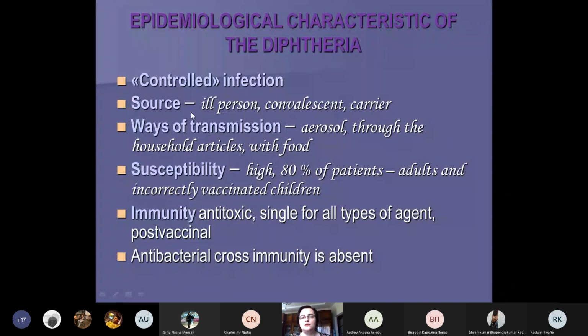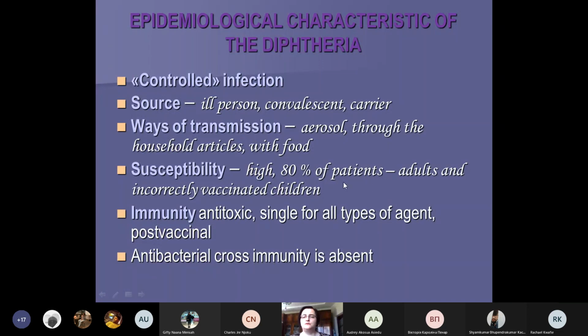It's a controlled infection, yes, because all over the world vaccination against diphtheria is included in the immunization schedule. Source: ill person, convalescent or carrier. There can be many ways of transmission, but the main mechanism is airborne droplet. And remember that yes, it can be transmitted by additional articles like vomit.